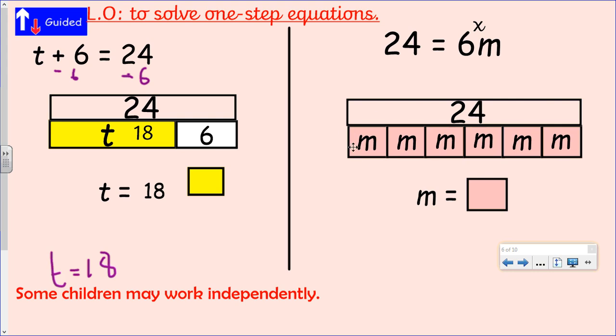Well, we need to divide. You can surely see, Year 6, that 24 has been divided into 6 equal parts. So if we do 24 divided by 6, we'll end up with m being 4. So 4, 4, 4, 4, 4, 4, or 4 times 6, which is 24.